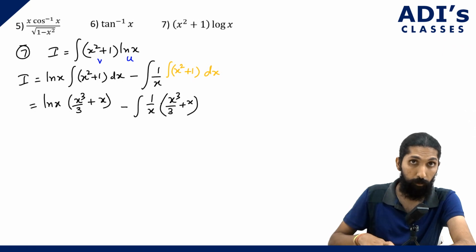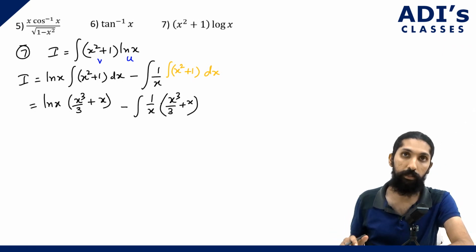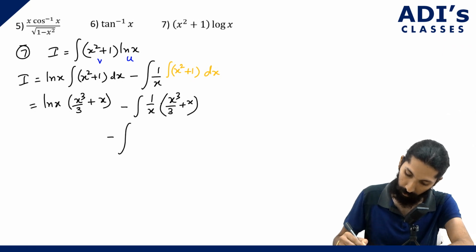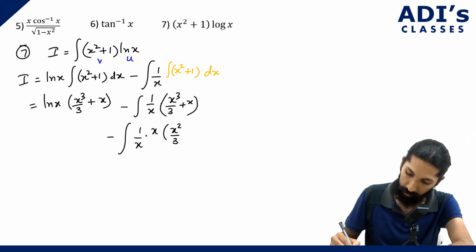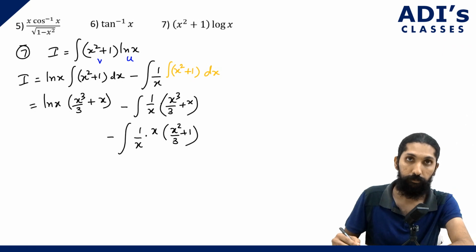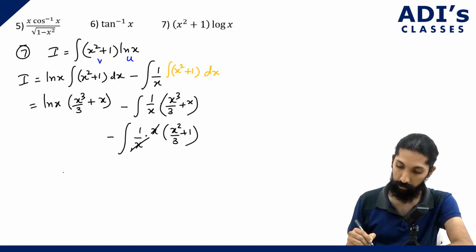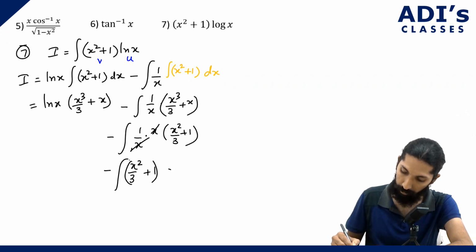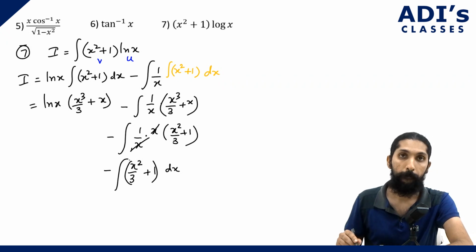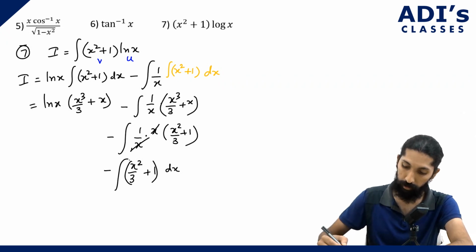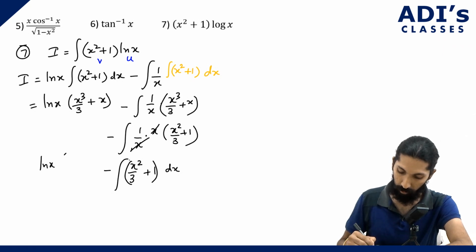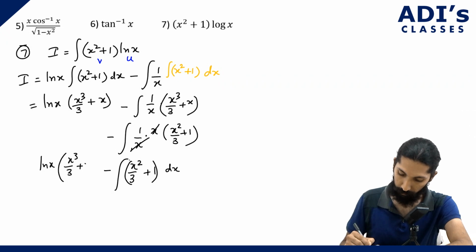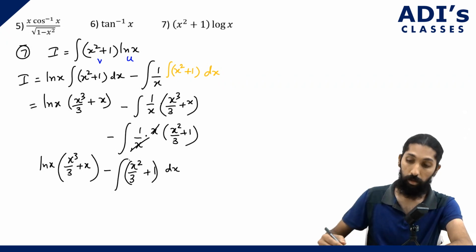Now, within the integral, we can take x common and cancel it out. That means minus integral of 1 by x into x square by 3 plus 1, right? X and x cancel out. So integral of x square by 3 plus 1 dx. Correct? Now it's easy to integrate. So what are we going to get as the final answer?